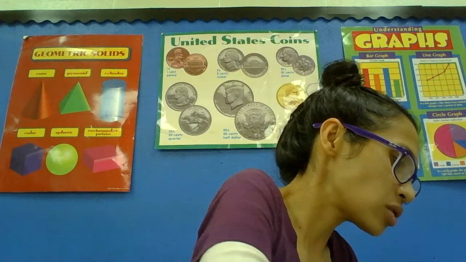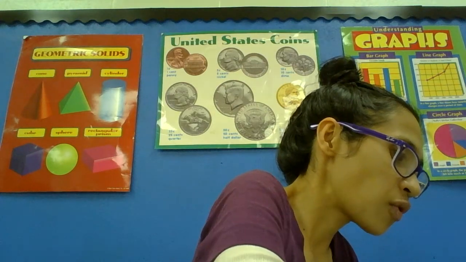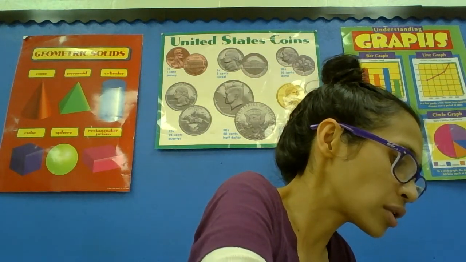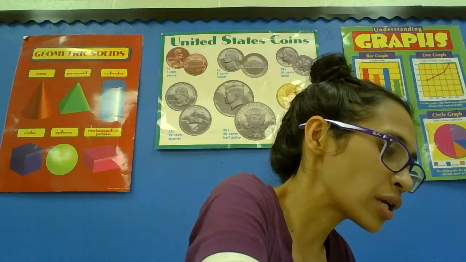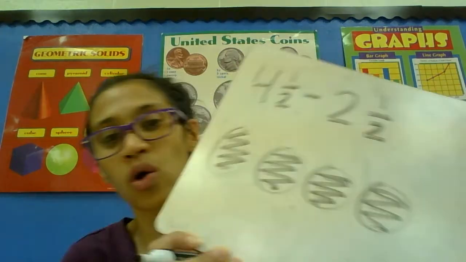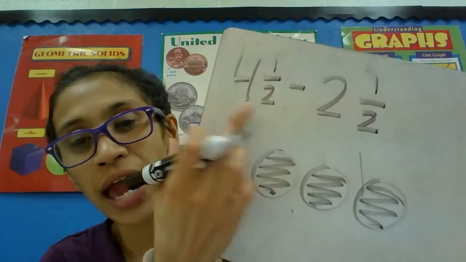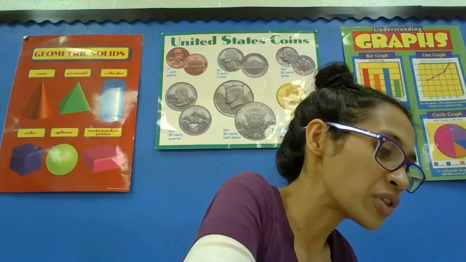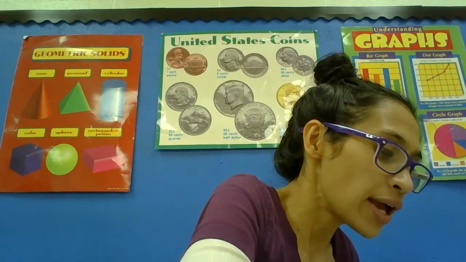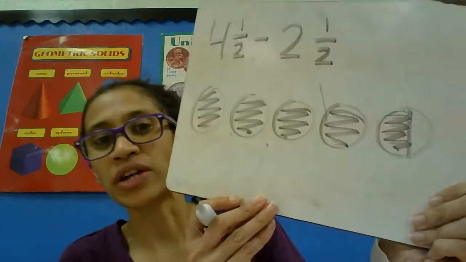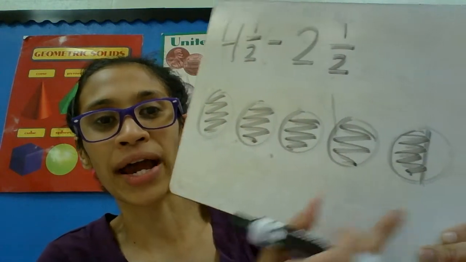So I'm going to draw that 4.5. So 1, 2, 3, 4, shaded in. You see my 4 wholes right there? And then don't forget that half. Remember, these are mixed numbers, so you have to do the whole and the fractional part. So right there, 1, 2, 3, 4.5.